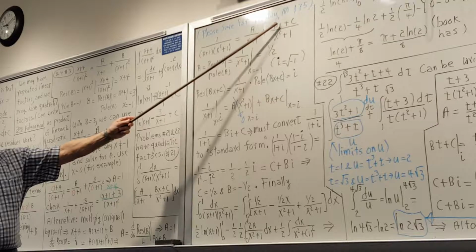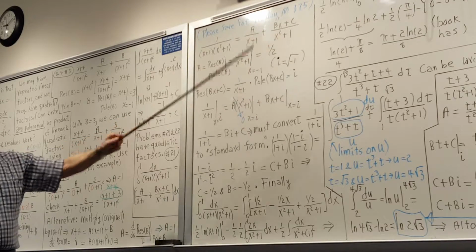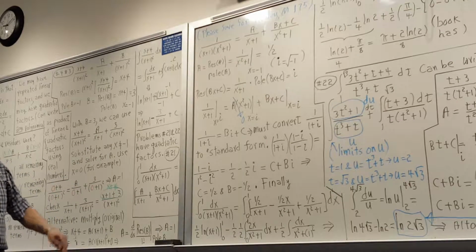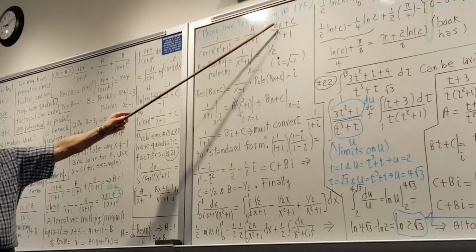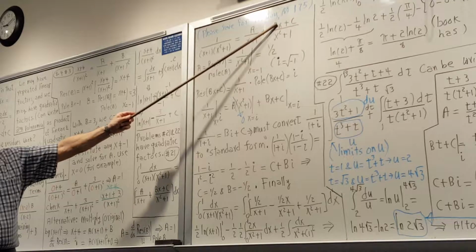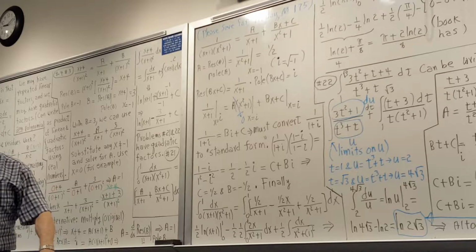Notice you'll also have to put whatever you chose there, and you can solve for B and C. Actually, pretty easy would be to use x equals 0, because then the B is gone and you're just solving for C. So you could do that.